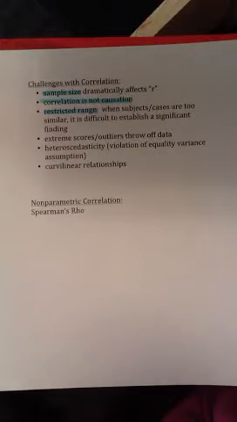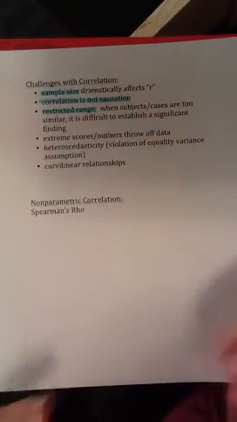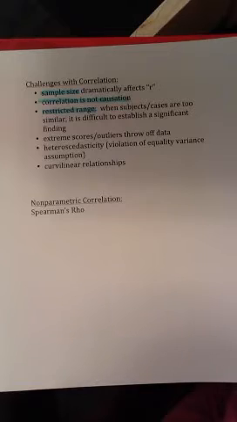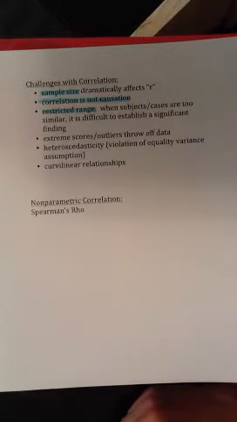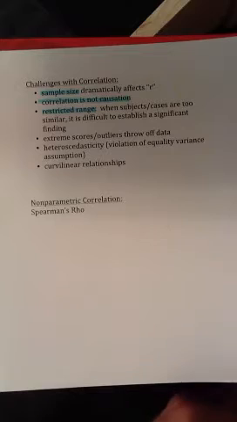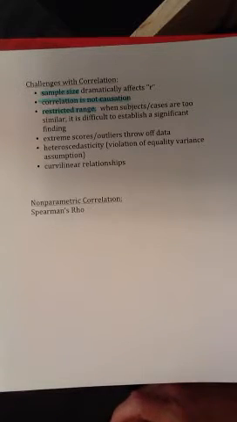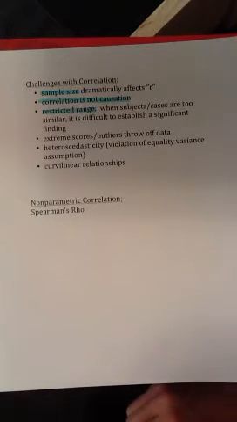And this is what I mean by restricted range. When you have subjects or cases that are very similar to each other, then it's very difficult to establish a significant finding. Let's say, for example, that you were looking at number of hours studied in relationship to GPA, but you were only looking at that for AP students.